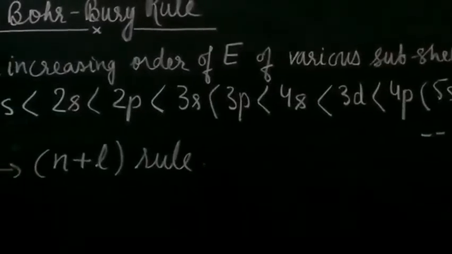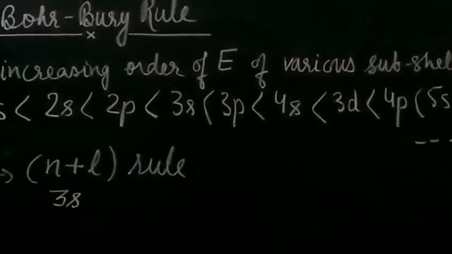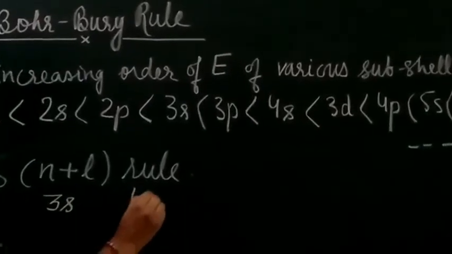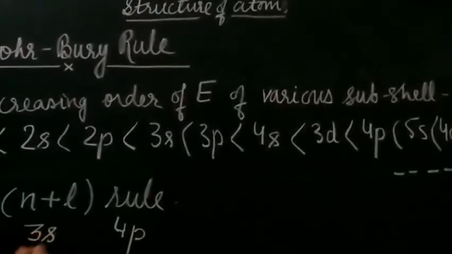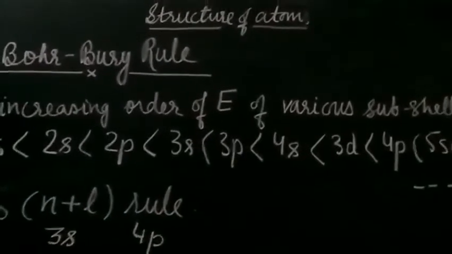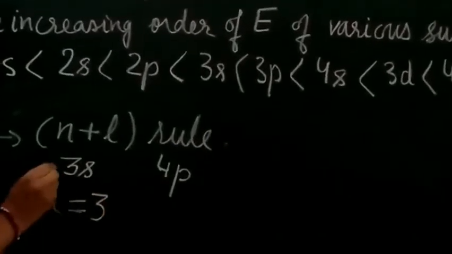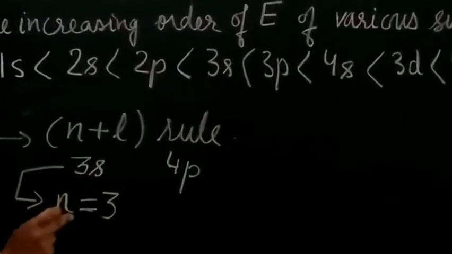Now let us take an example. Suppose we have 3s and 4p. Students, in the 3s subshell, what is the value of n? The n value is 3.